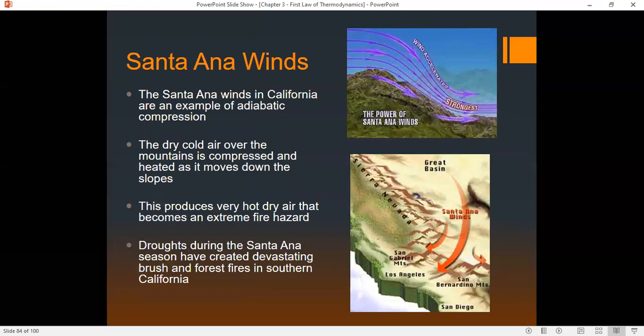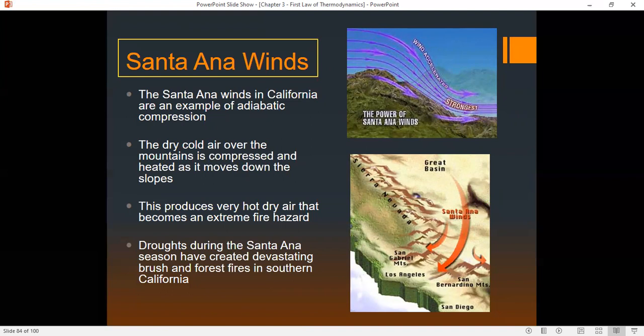In California, they have a very interesting but also dangerous weather phenomenon called the Santa Ana winds, which is actually sort of the reverse of the storm cloud that we just showed. The Santa Ana winds basically blow from the inlands at higher altitude to lower altitudes near the coast.